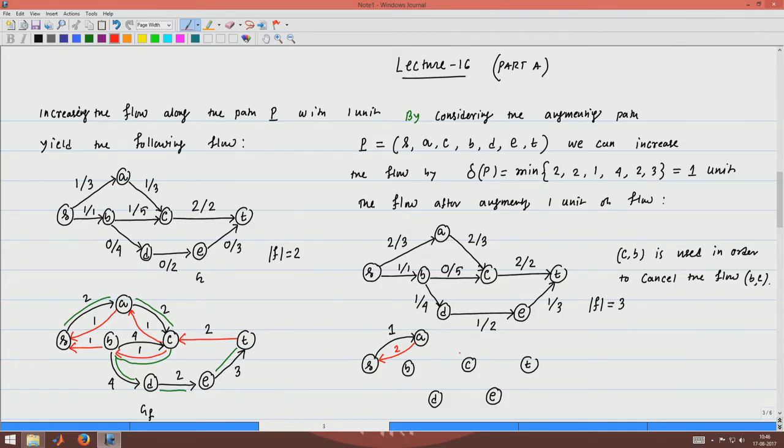For AC there is a forward edge of capacity 1 and there is a backward edge of capacity 2. For CT there is no forward edge, there is a backward edge of capacity 2.